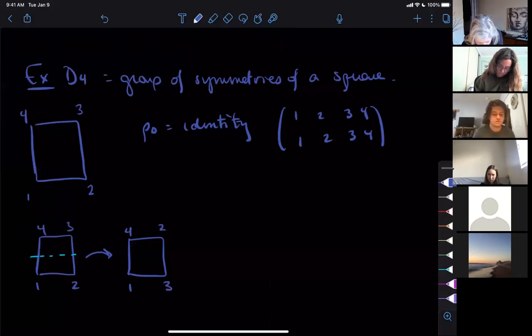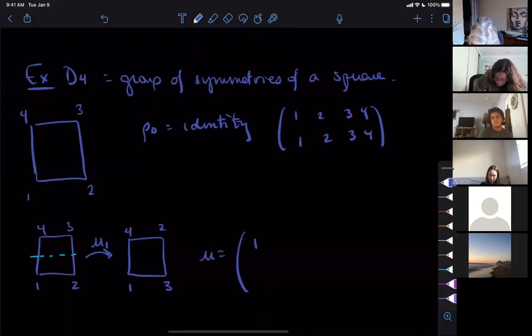And let's just call this, I don't care which mirror it is, let's call this mirror 1. And if I wanted to write it as a permutation, 1 goes to 4, 2 goes to 3.